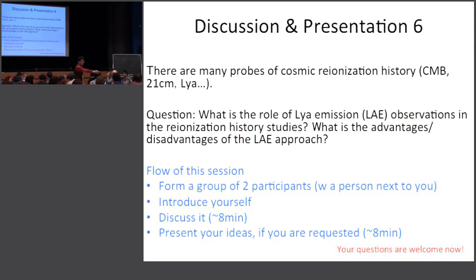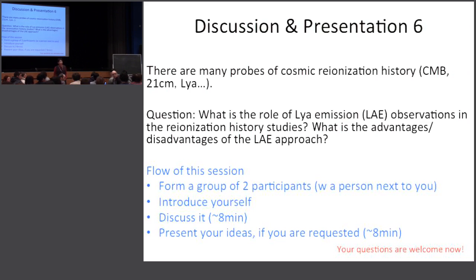One thing that we thought of as an advantage is that, even though you have only a few LAEs at redshift 8 or 9, that's still deeper than what you can currently reach with quasars, for example.